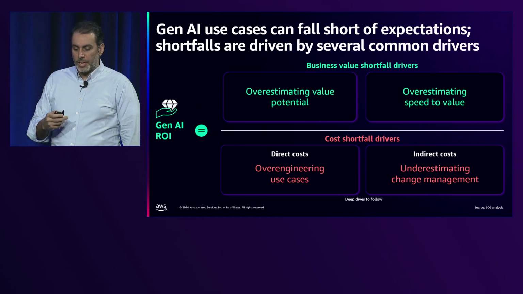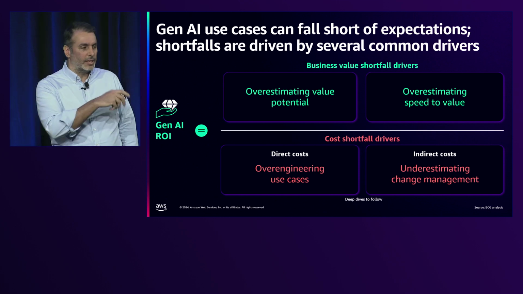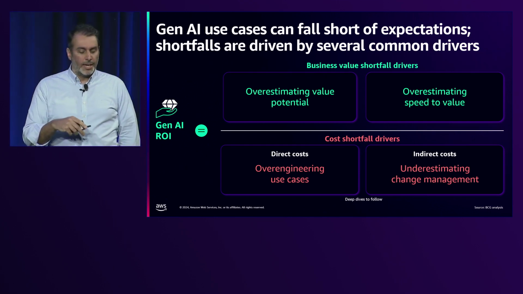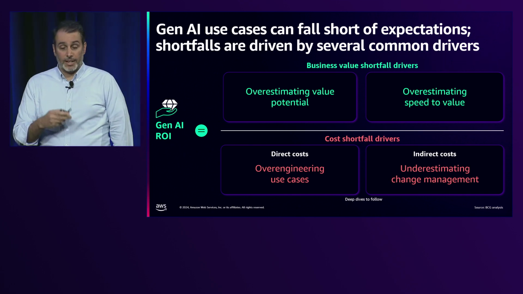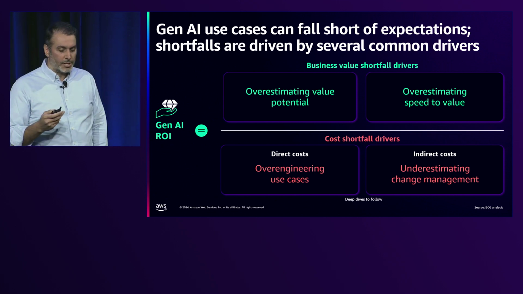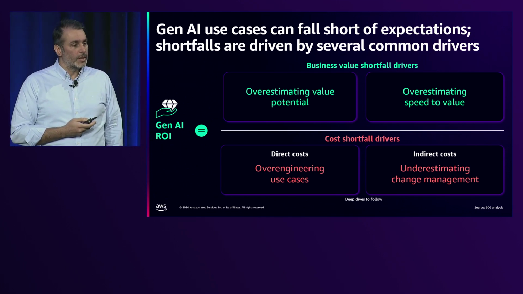In some cases, we see an overestimation of the speed to realizing that value. I'll cover these in the following slides. Similarly, when it comes to costs, we see over-engineering of the use case affecting the direct cost, or, in the sense of indirect cost, an underestimation of change management impacting this.